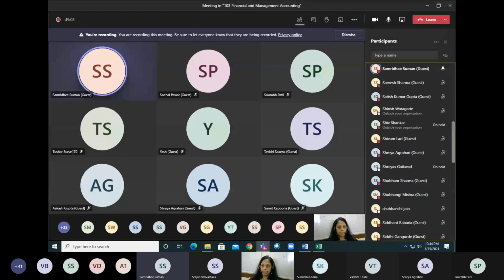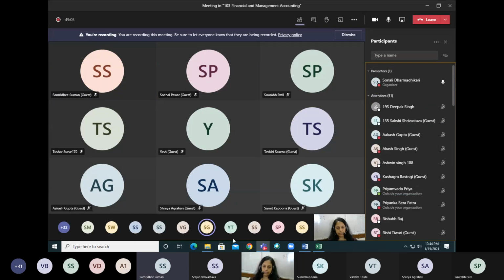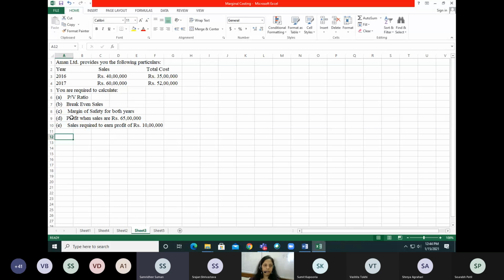Ma'am, PV ratio. Yes, contribution minus sales into 100. Correct. Now understand. Here in this question, they have not given marginal cost per unit, contribution, or sales. So whenever two years' data is given, first you have to calculate profit for 2016.